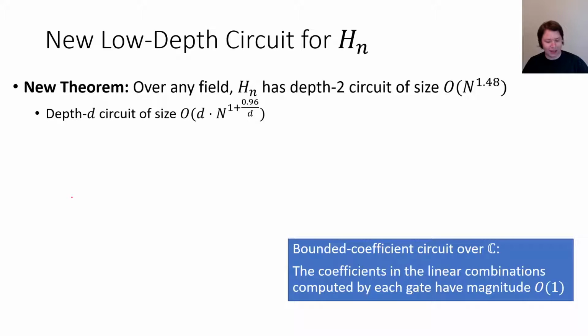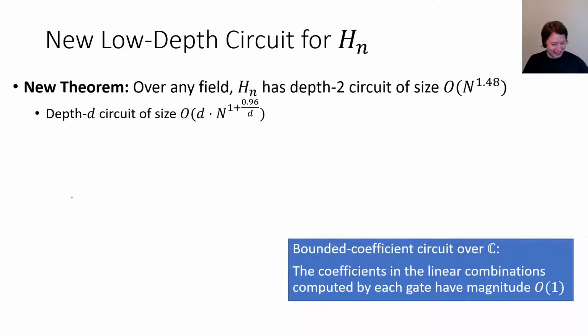So when you convert this into a linear circuit, the numbers along the wires end up being these roots of unity, which are all complex numbers of magnitude 1, and so you get a bounded coefficient circuit in that way. And more generally, the best known circuits, at least that I knew, for the Walsh-Hadamard transform and Fourier transform and so on, all were bounded coefficient circuits before this work.